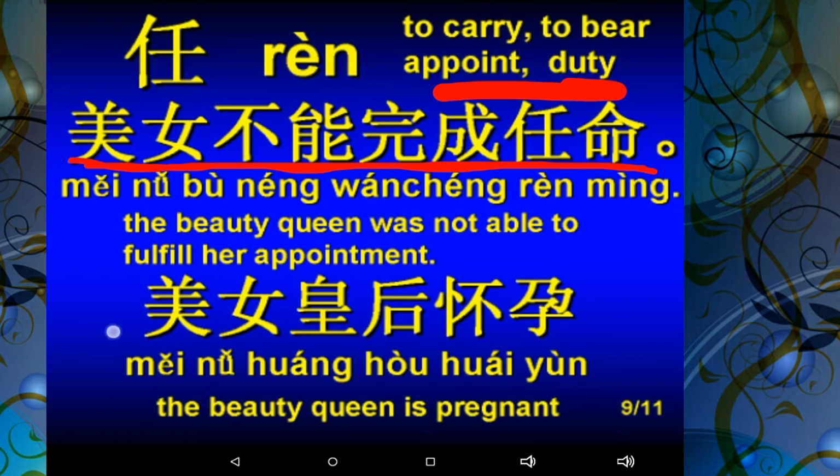Because 美女皇后怀孕. Let's do this again. 重复. 美女皇后怀孕. The beauty queen is pregnant. So she is unable to fulfill her appointment.